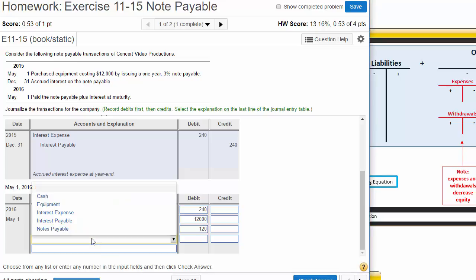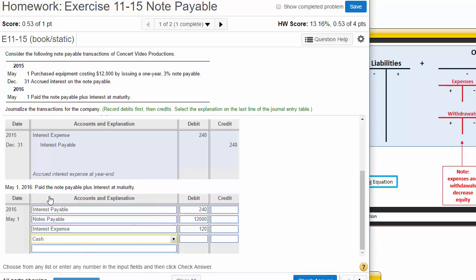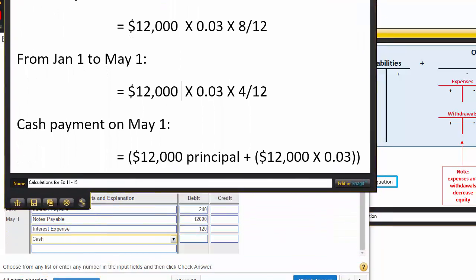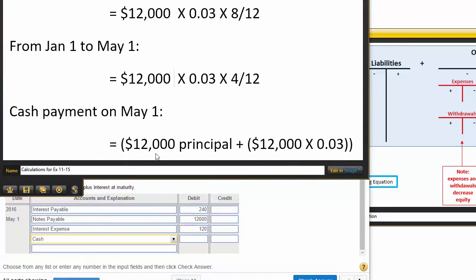Now the final part of this transaction is we have to pay cash. Well, how much cash do we have to pay? Well, we have to pay back the original $12,000 plus 3% for a year. So it's $12,000 plus 3% of $12,000. So the calculation for that, for the cash payment, is $12,000 principal plus $12,000 times 3%.